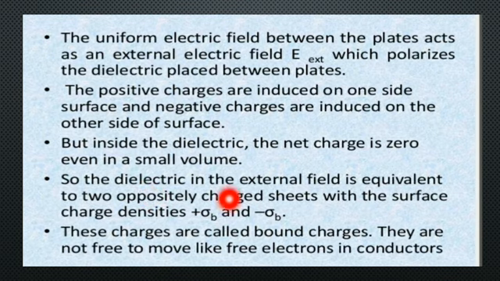So one plate has positive charge, the density is positive sigma, another plate has negative charge, the density is minus sigma. These charges are called bound charges. They are not free to move like free electrons in conductors. So they are not free. Okay students, right.